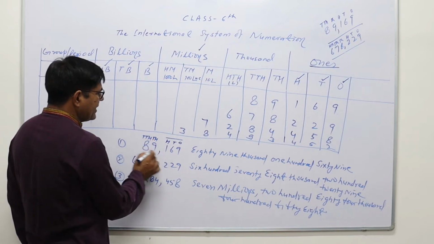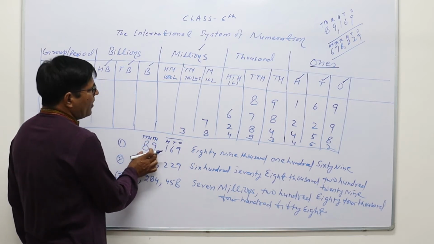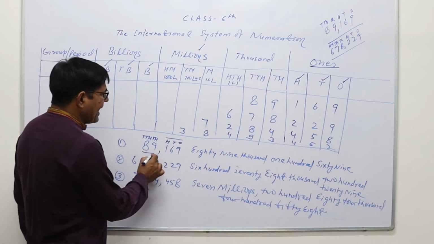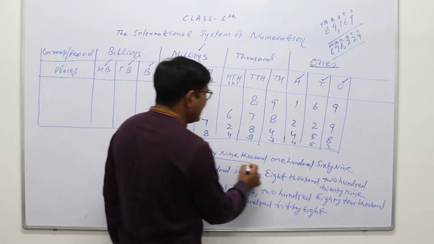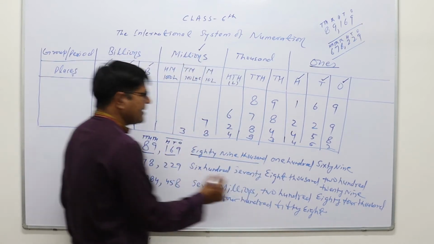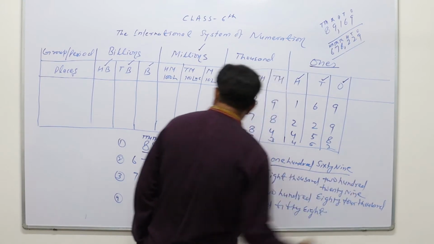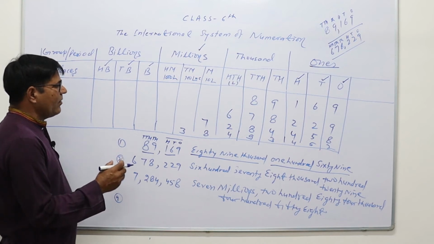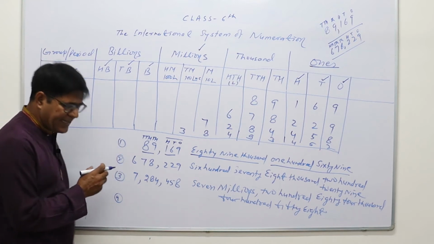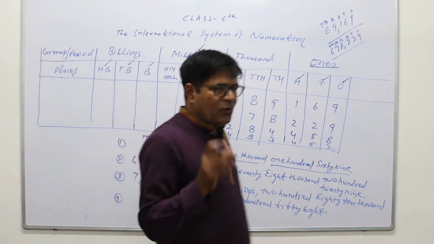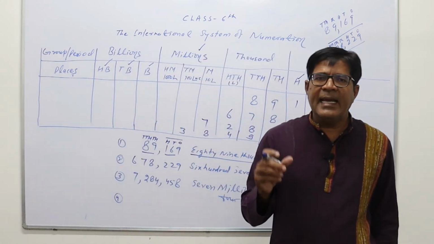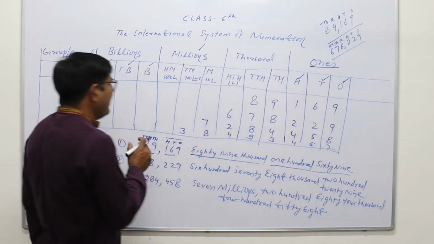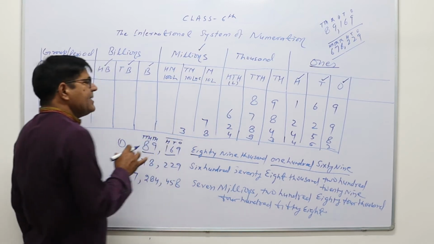These two digits are in the group of thousands. So this will be read out as 89,000, 89,169. If any given number has a maximum of 5 digits, then in the Hindu-Arabic system as well as the international system of numeration, the number will be pronounced in the same way.